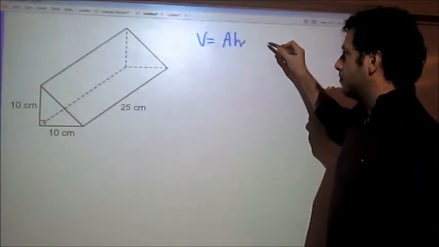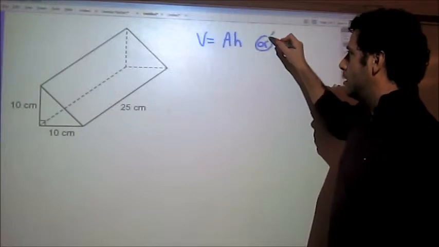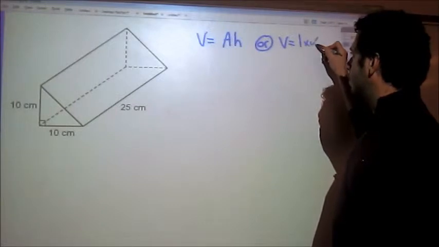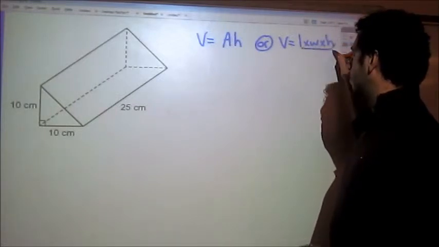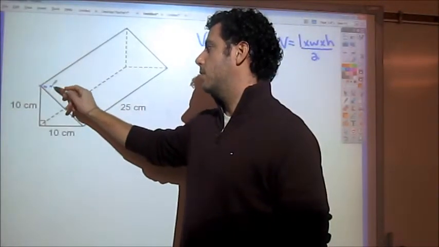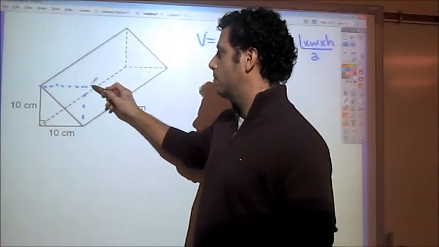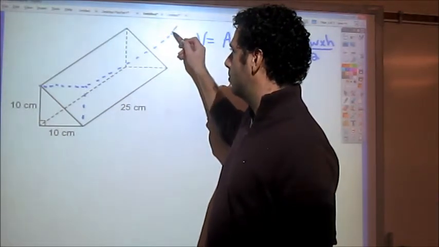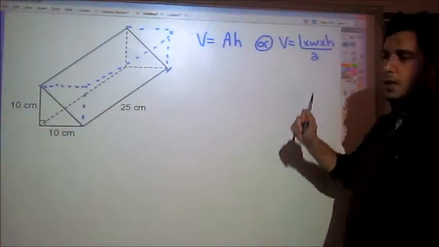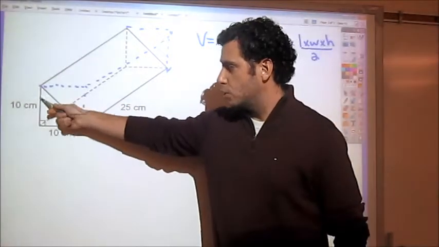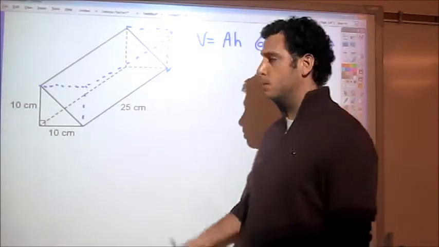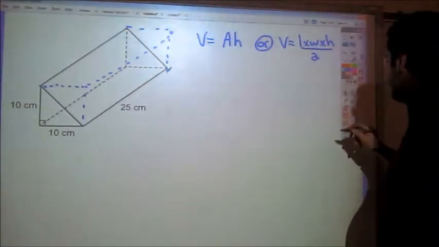Another way to look at that is to determine the volume of a rectangular prism and then divide by 2, keeping in mind that the triangular prism is exactly half that of the rectangular prism, which is why this method actually works.